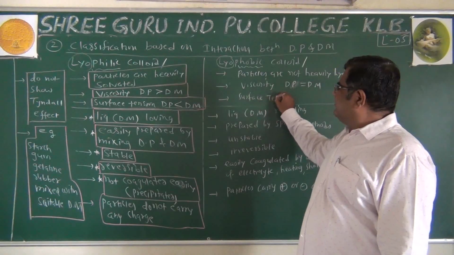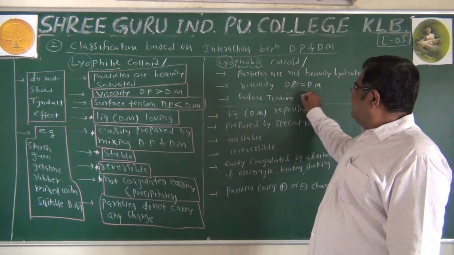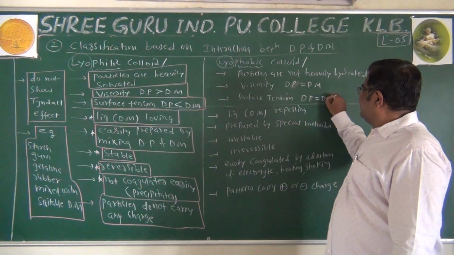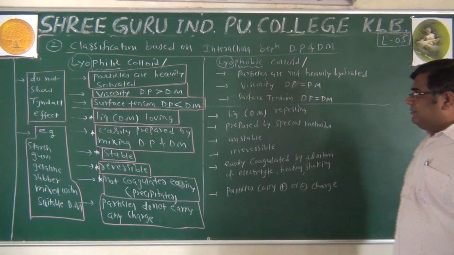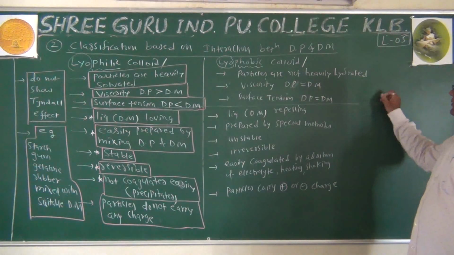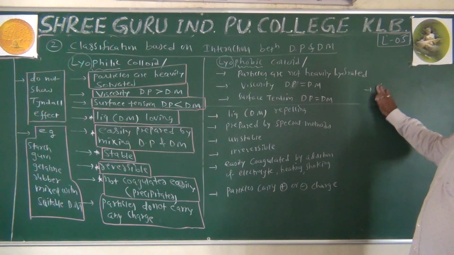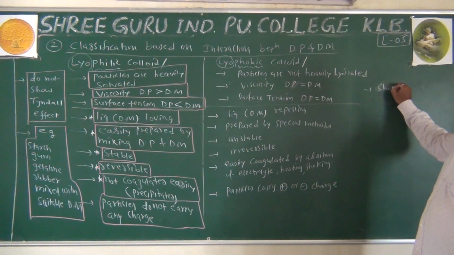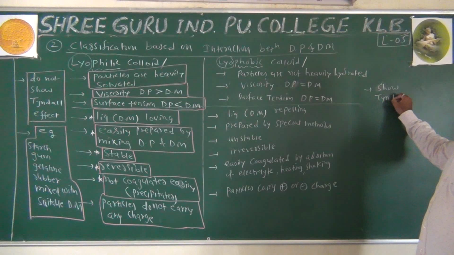Surface tension of DP is the same as DM. And they show the Tyndall effect.